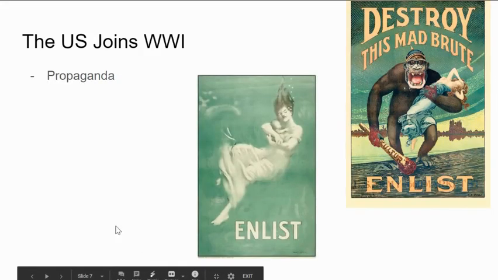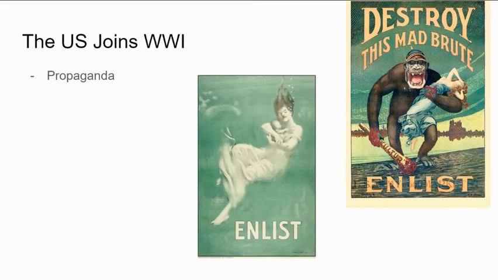So we have all these major events, and then we have propaganda. Propaganda is the use of images and stories to try to sway popular opinion to one thing or another. We're going to talk more about propaganda later, but the propaganda campaign is going to be intense. You're going to see here we have the Germans.